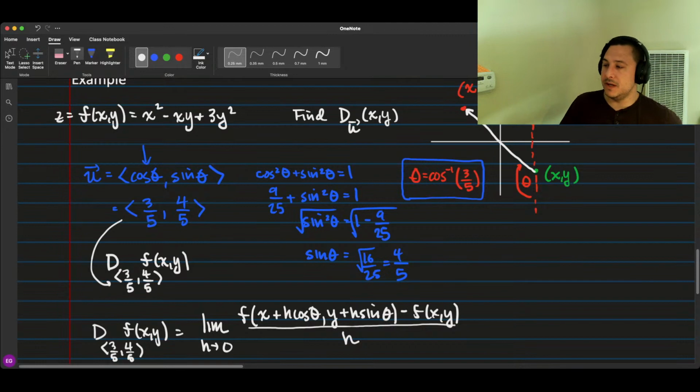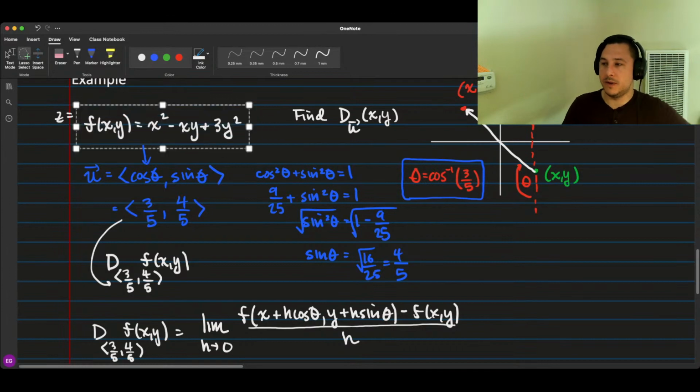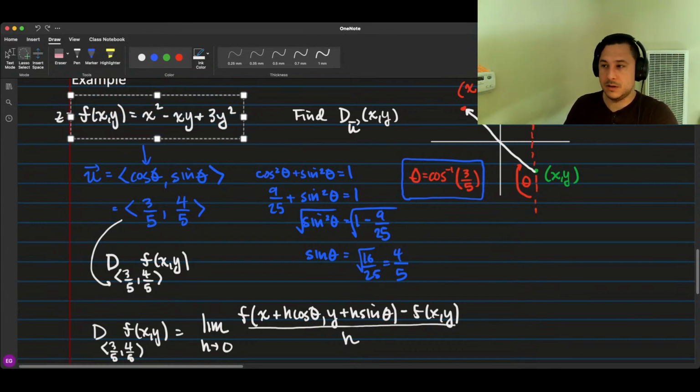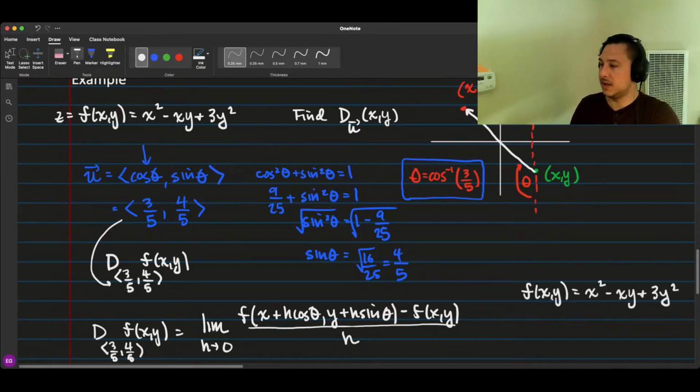Okay, so now we're going to need to actually start plugging that into the function. So I'm going to copy down our function definition here. Okay, wait, I didn't want to. I want to copy it, not move it. So I'm going to paste it here so that we can look at it.